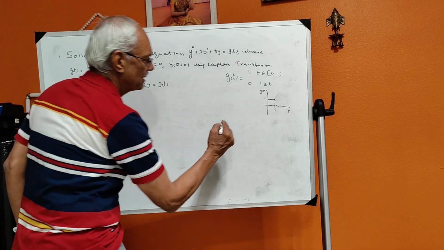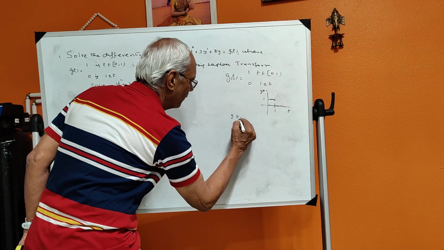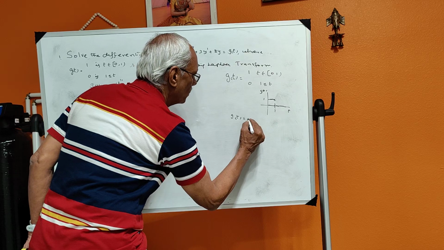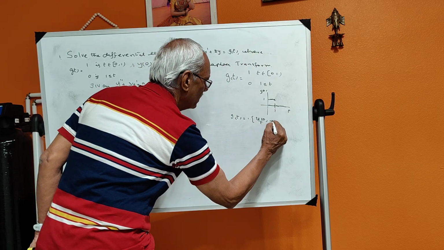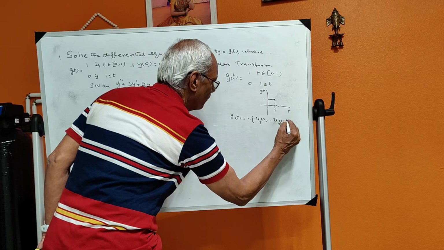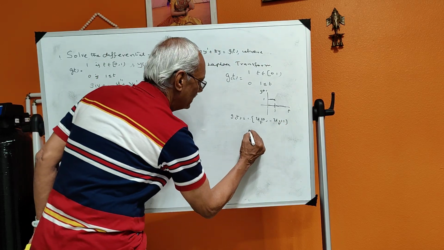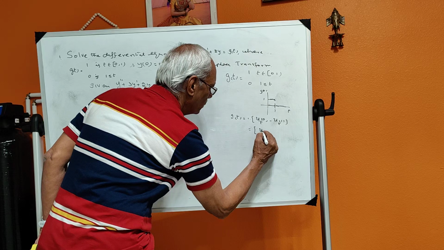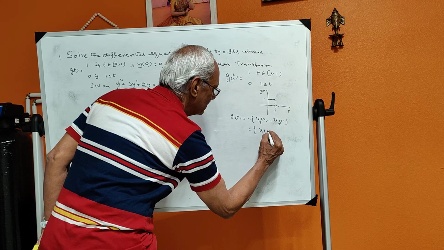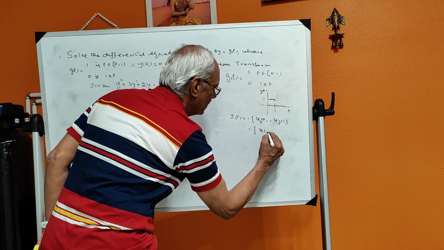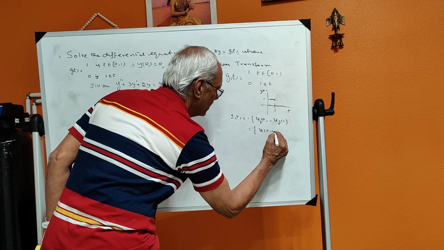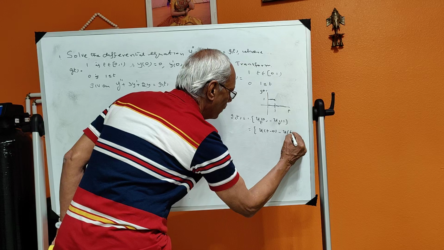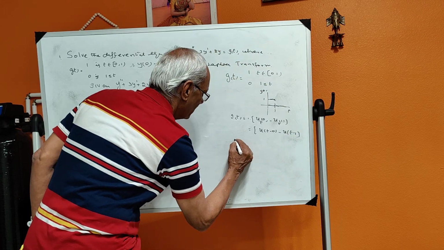Let me write. We can write this g of t as 1 into u of t minus 0 minus u of t minus 1.